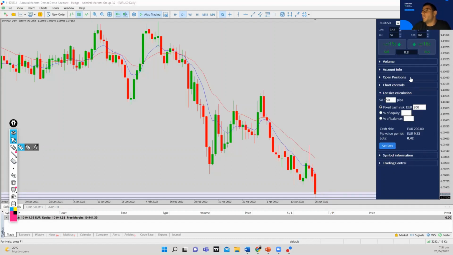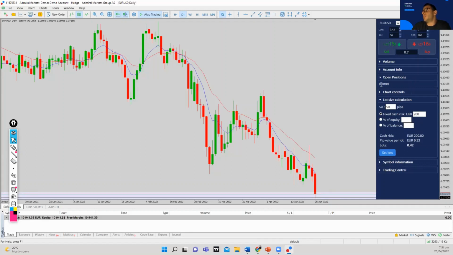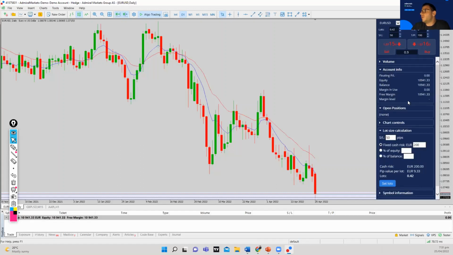Once you are in a trade, open positions will show you which trades you are currently in, and you can edit them, take partial profits, or close them automatically. Your account info, by the way, this is the demonstration account, and you can see it's a demo account. It's not my real account.